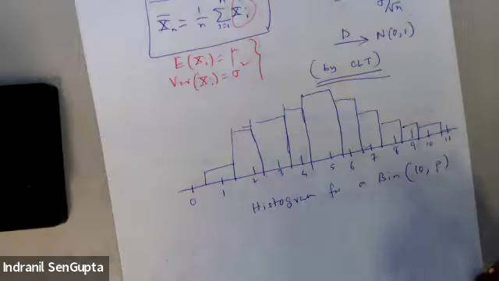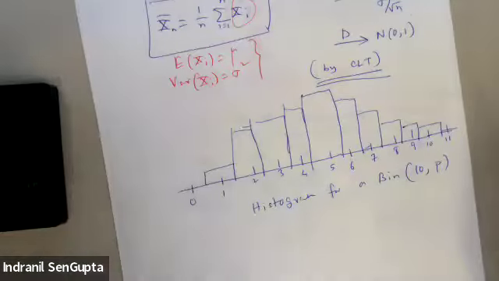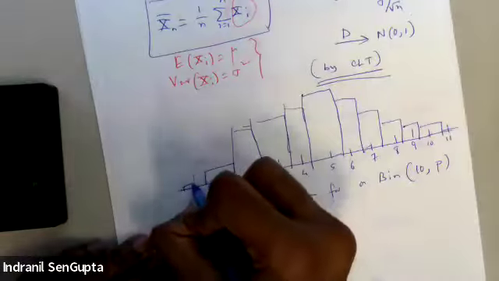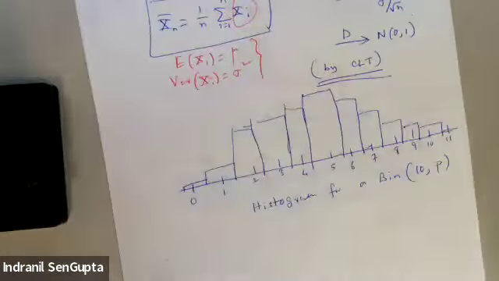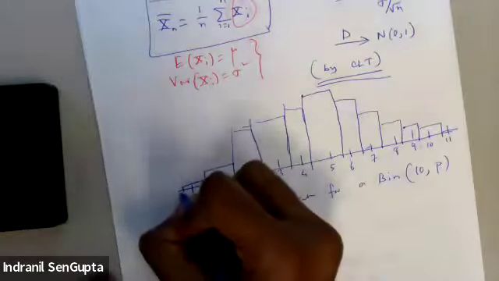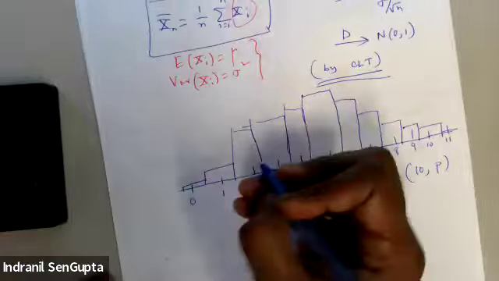So this may look like this. Out of 10 trials, let me just add here 0. So we have a minus 1.2.